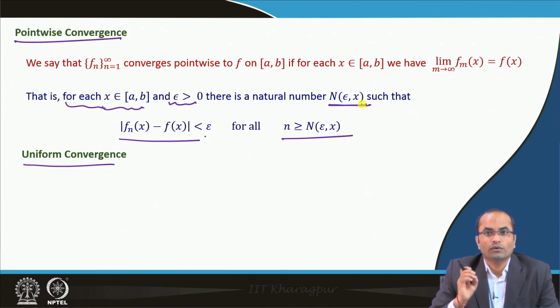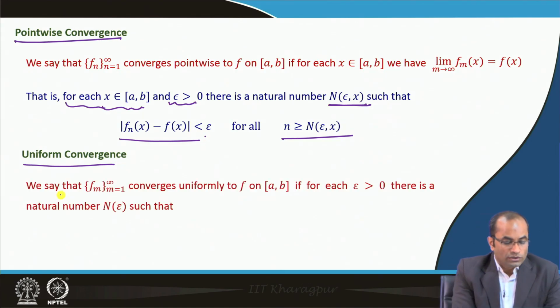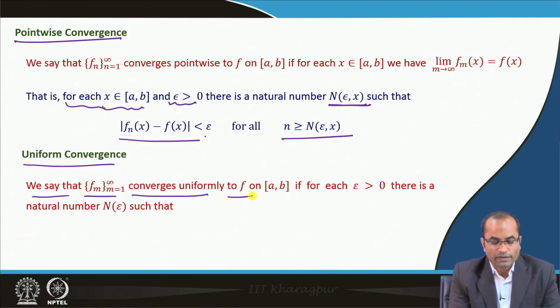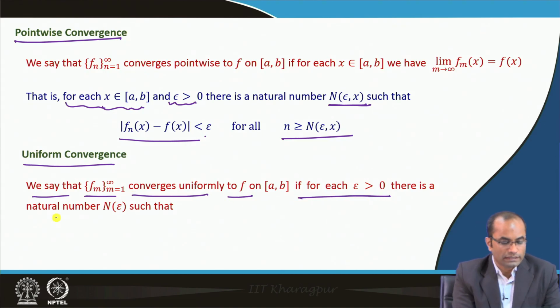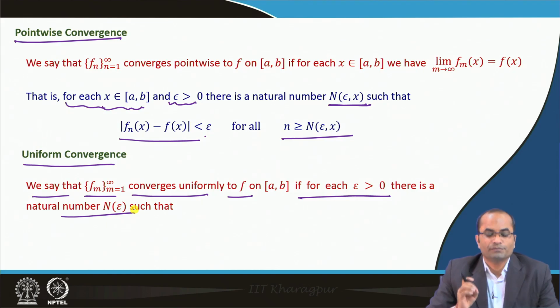So, N must depend only on epsilon. We say that the sequence converges uniformly to f if for each epsilon there is a natural number N which depends on epsilon.